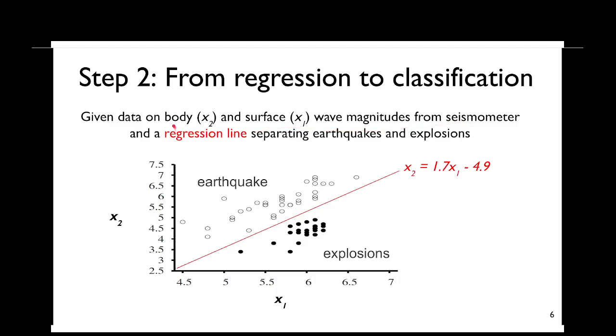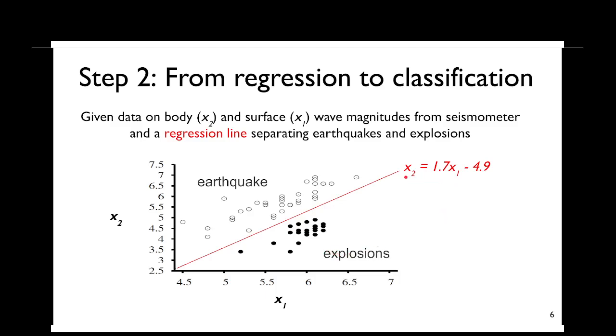And essentially our seismometer can measure the body wave magnitude and the surface wave magnitude. And if we plot those against each other, then we can clearly distinguish explosions and earthquakes. And if we put a regression line in between here to separate those 2 dots, we can clearly separate them through this line. Everything on top is earthquake, below is explosion.